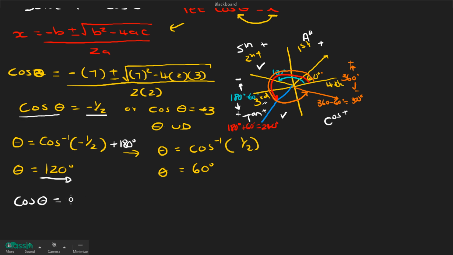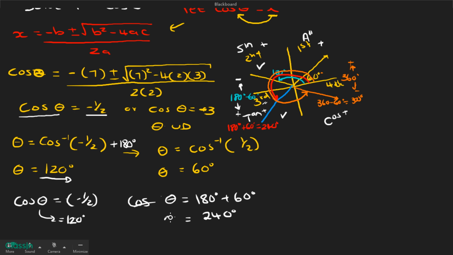So cos of negative 1 over 2 gives theta of 120 degrees. And on this side, theta is 180 degrees plus the smallest acute angle that we found, which is 240 degrees. So the next angle of theta will be 240.